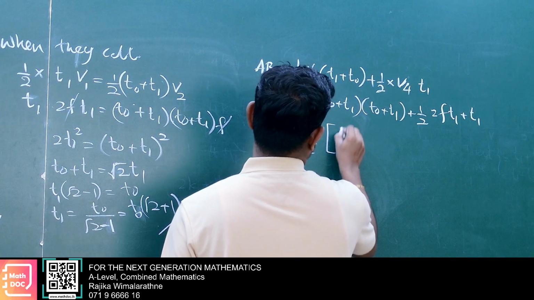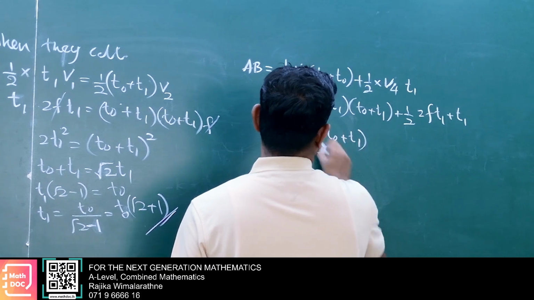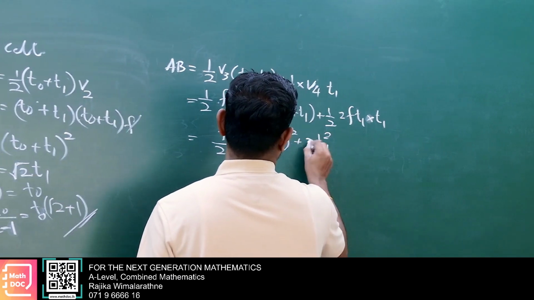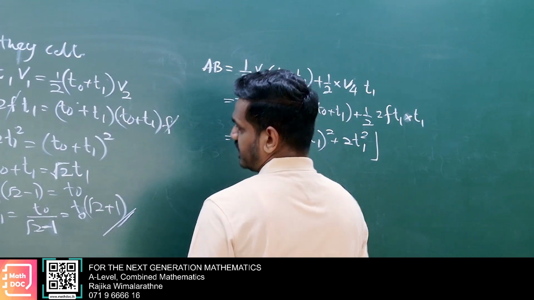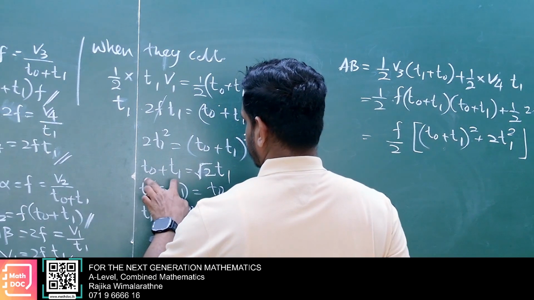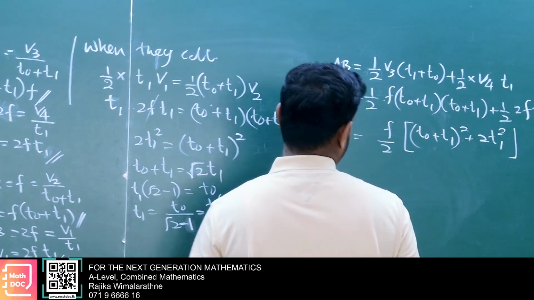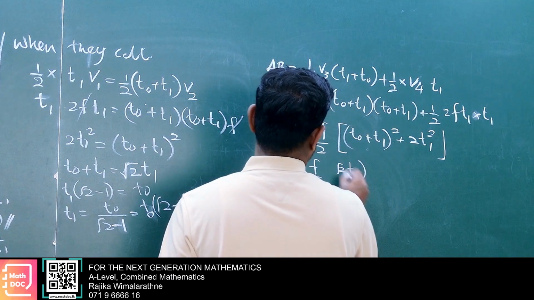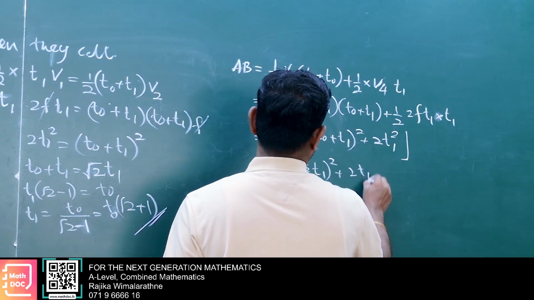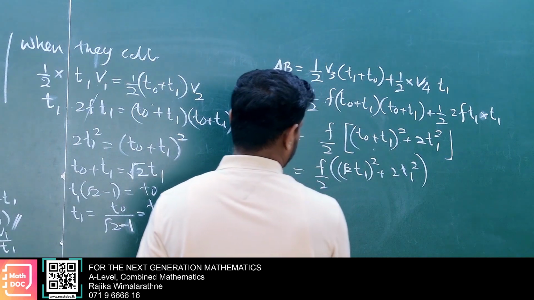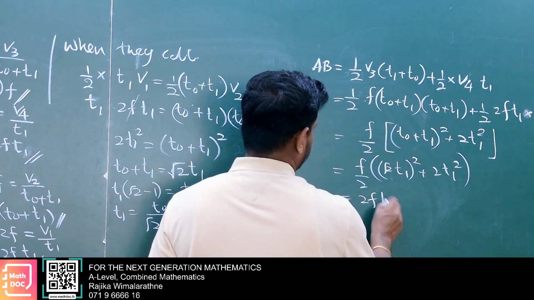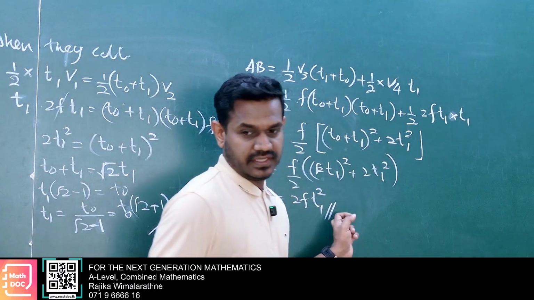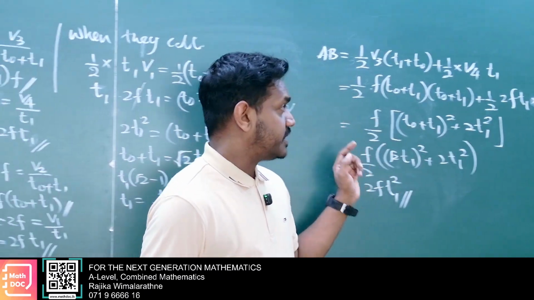So we get F over 2 common, T0 plus T1 squared plus 2 T1 squared. Then T0 plus T1 we got as root 2 T1. Now you need to simplify up to that, but anyway, you identify how it happens.